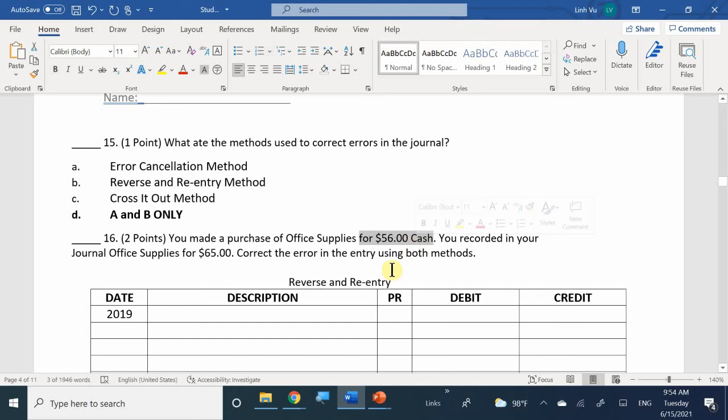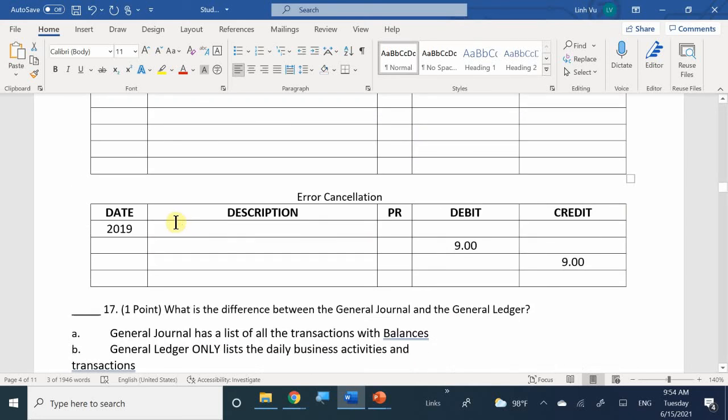If I journalized it in my books as 65 instead of 56, do I have too much cash or too much office supplies? Nathan said that we spent too much money, so we need to get the money back. I only spent $56, but in my books I said I spent 65. So he is correct.